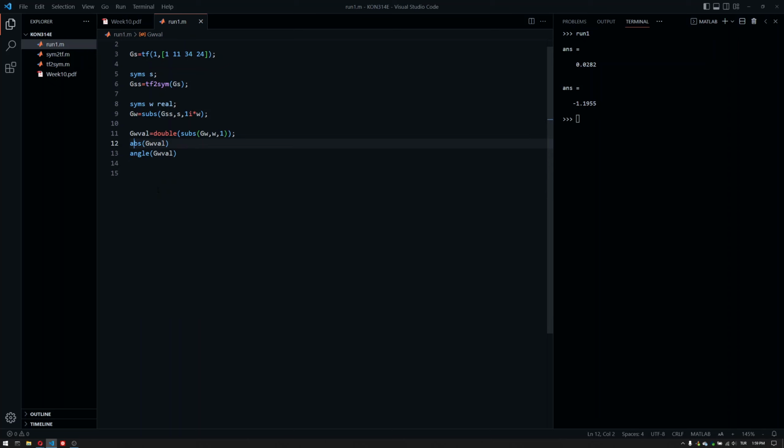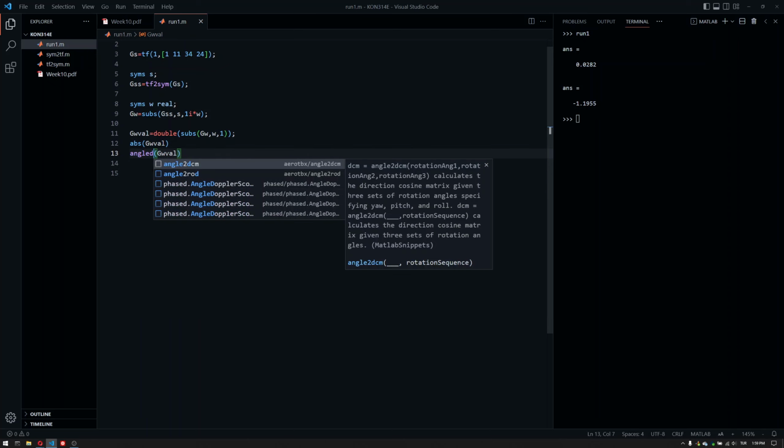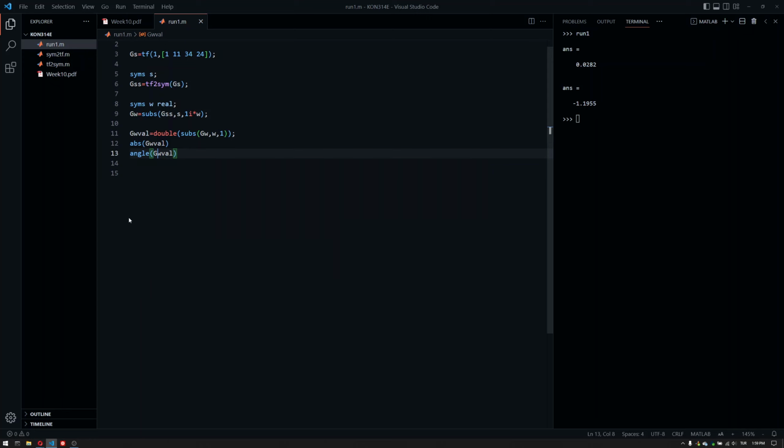I'm not sure. Let me try it out and see. No, there's not. Okay. So times 180, because it's in radians, divided by pi should be basically the value that we are looking for. So there we go.